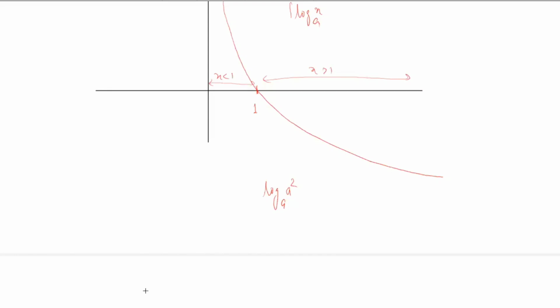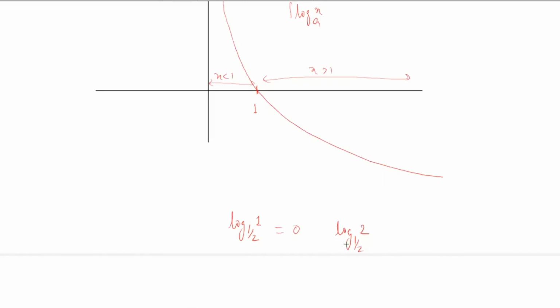Let's just put in numbers and see it that way, because that will make sense for us. Let's say this is log to the base half. I'm putting the value of a as half. Now, for any number greater than 1, for example, at 1 this will become 0 for sure. When it is 2, what will happen?